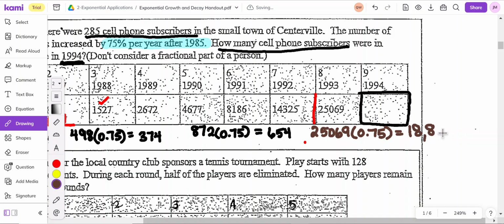So 18,802 humans? Yes. 18,802. Okay, so, all right.